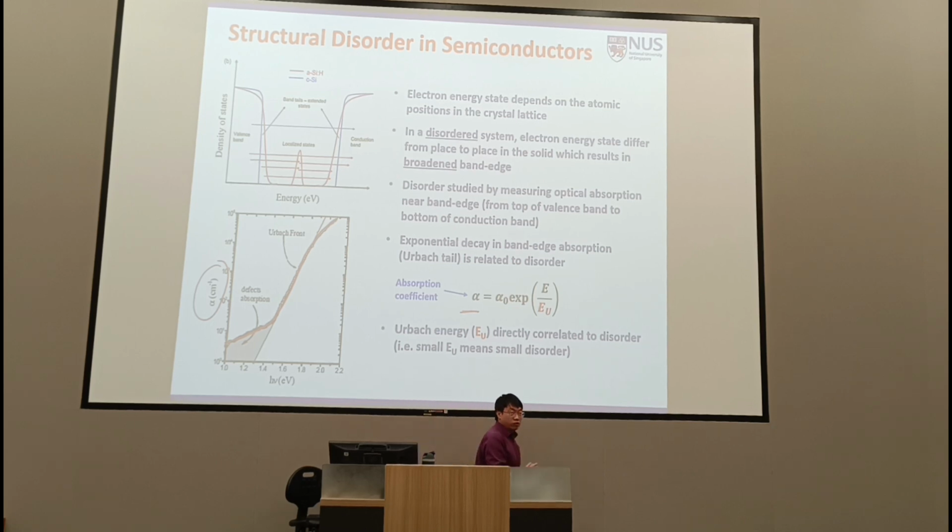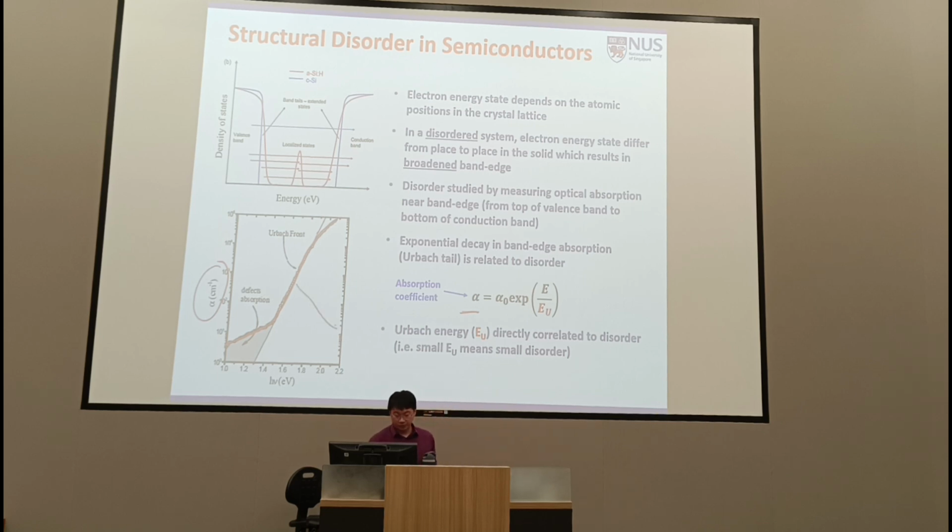Now this is very useful because now we can mathematically define disorder by looking at this slope. By looking at how gentle or how steep it is, I can tell whether a semiconductor is ordered or disordered.